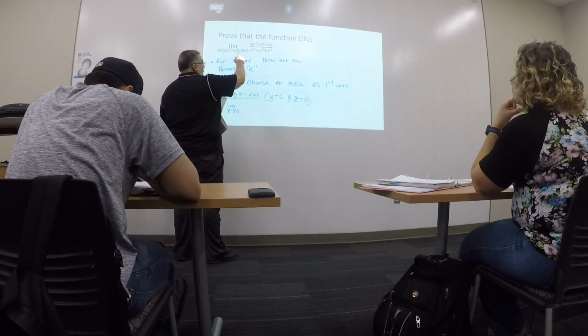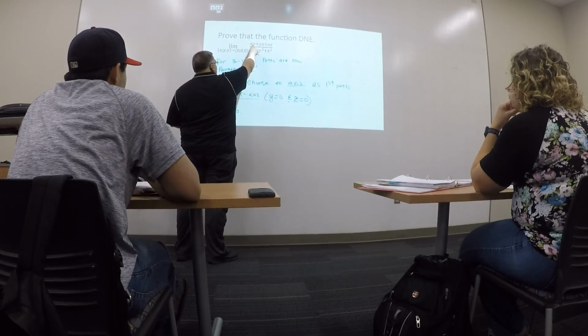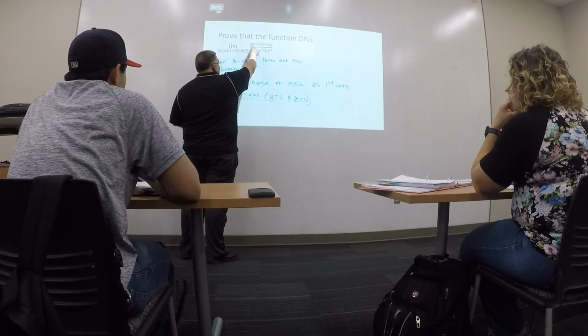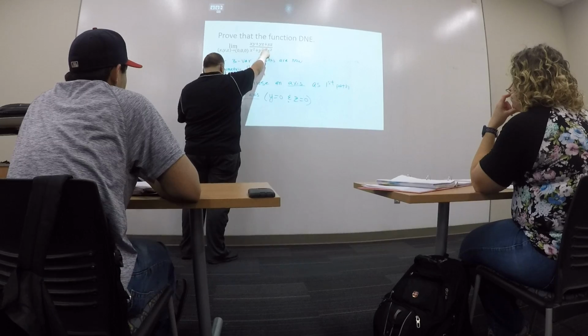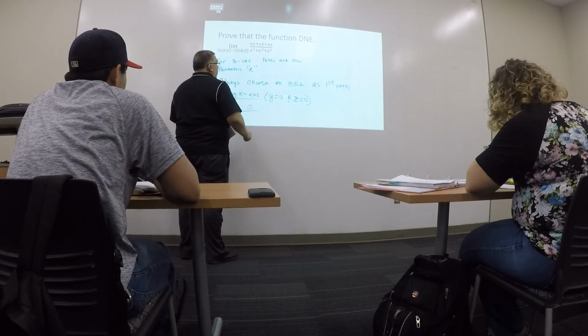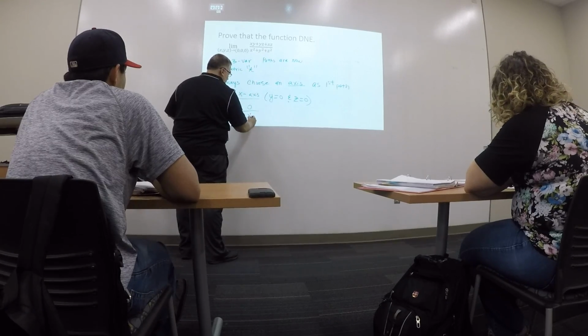So plug in 0 into y. This is going to go to 0. This is going to go to 0. That's going to go to 0. They all go to 0, correct? And then here, the y and z are going to go to 0 on the bottom, so I've got just x squared.